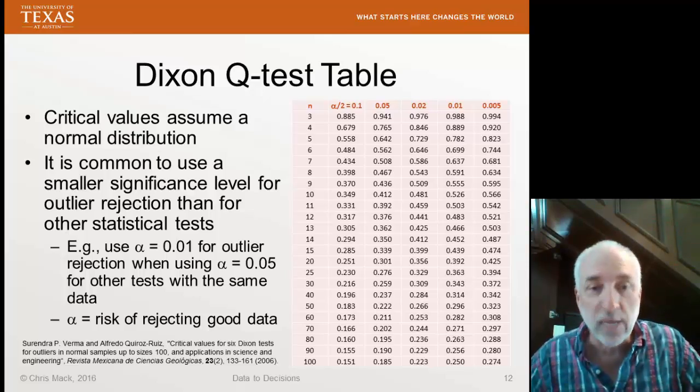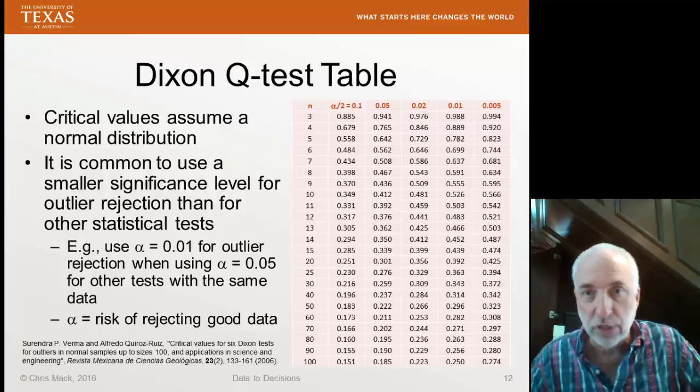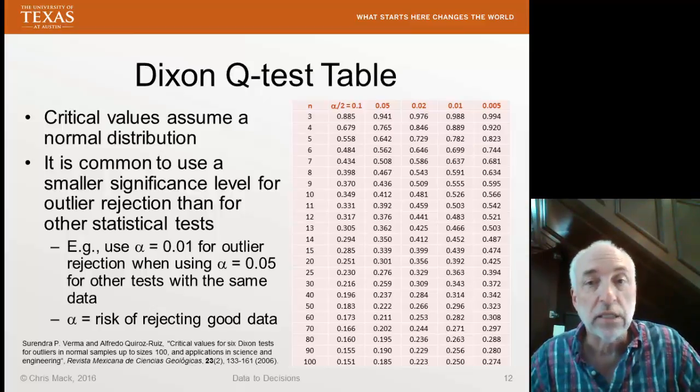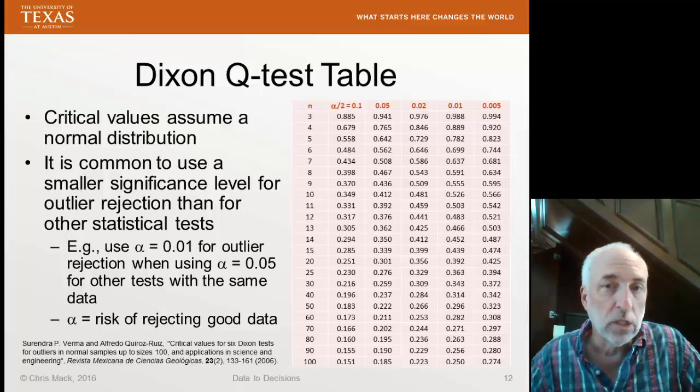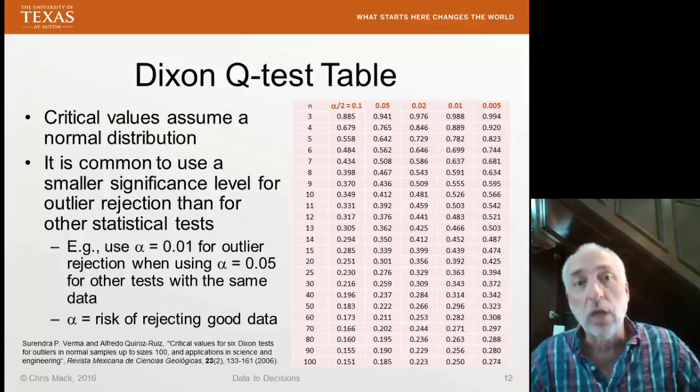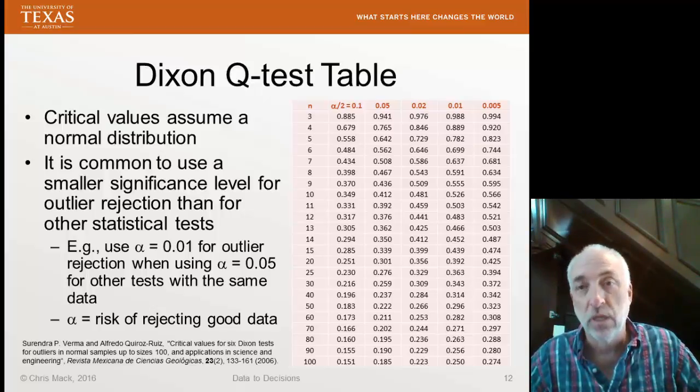Here's the Dickson Q test table that I've gotten from a publication where, I believe, they did Monte Carlo simulations to generate these values. This particular table assumes that the underlying distribution is normal.